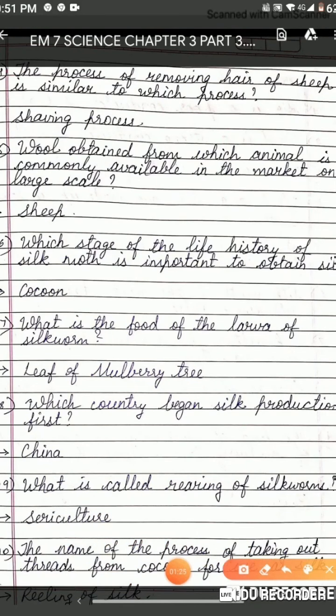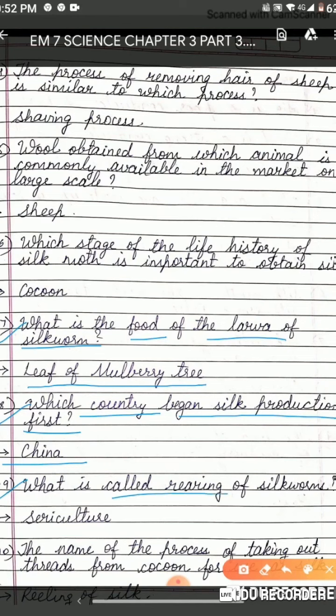Next, what is the food of the larva of silkworm? Answer is leaf of mulberry tree. Question number 8. Which country began silk production first? Answer is China. Number 9. What is called rearing of silkworm?